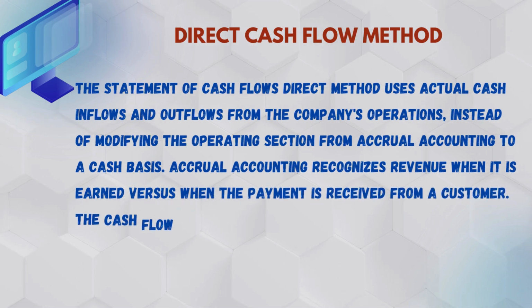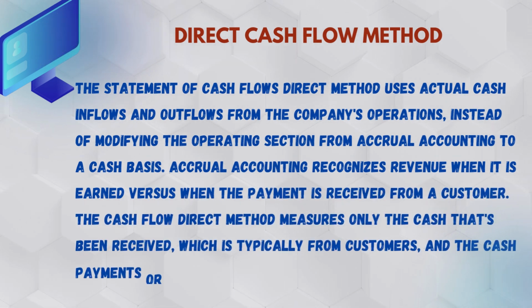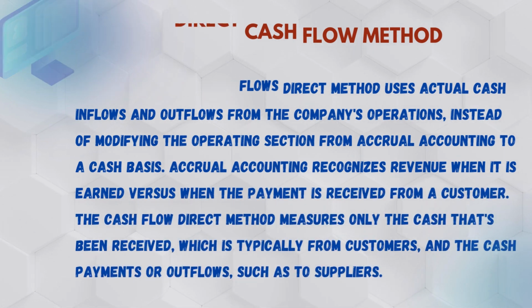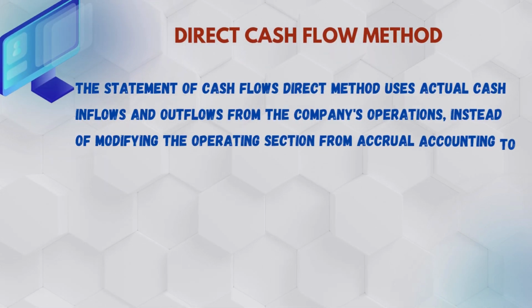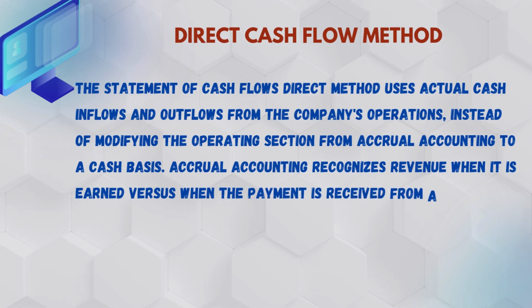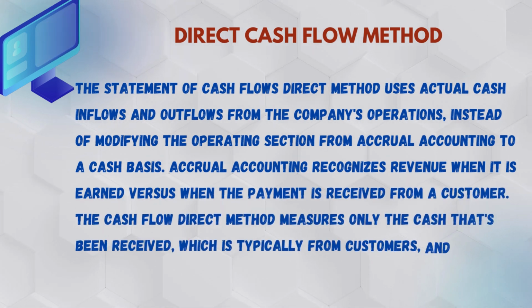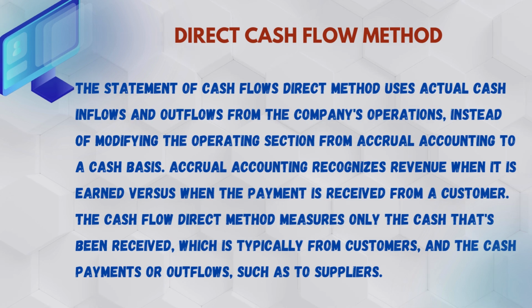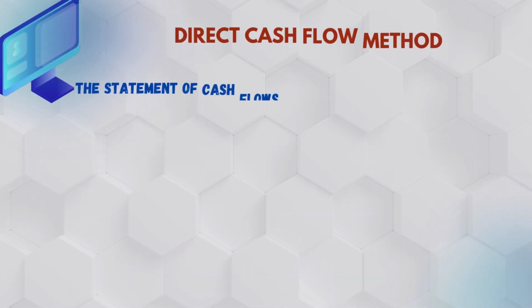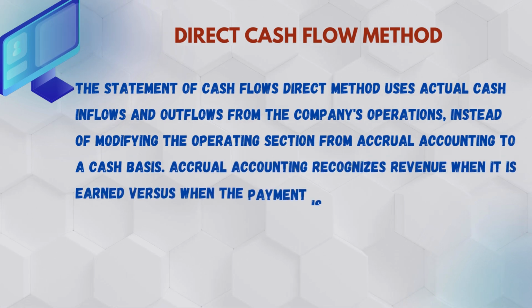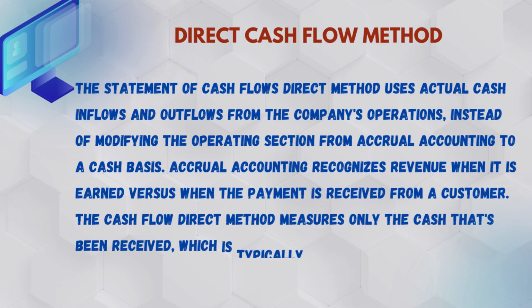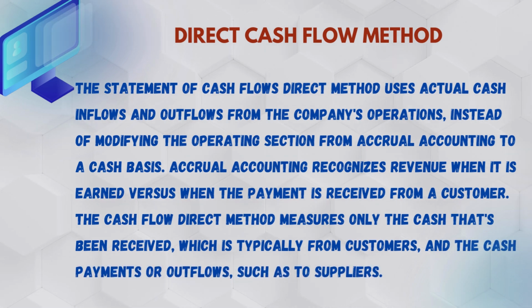So let's have a look at the first method, which is the direct cash flow method. The statement of cash flows in the direct method uses actual cash inflows and outflows from the company's operations instead of modifying the operating section from accrual accounting to a cash basis. Accrual accounting recognizes revenue when it is earned versus when the payment is received from a customer.